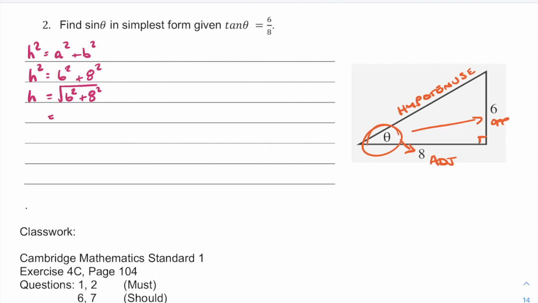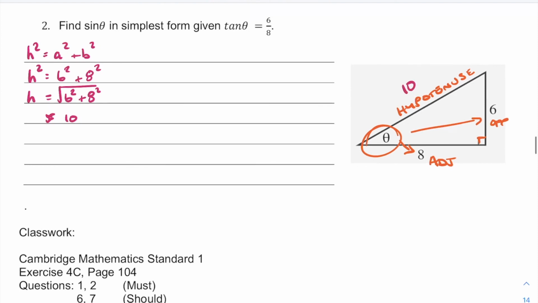Okay, and then when we work all of that out, we actually get an answer of 10. So 10 is our final answer for that part of the problem. So now we know that the hypotenuse equals 10. And now we can find sine theta because now we've got the hypotenuse and the opposite side.